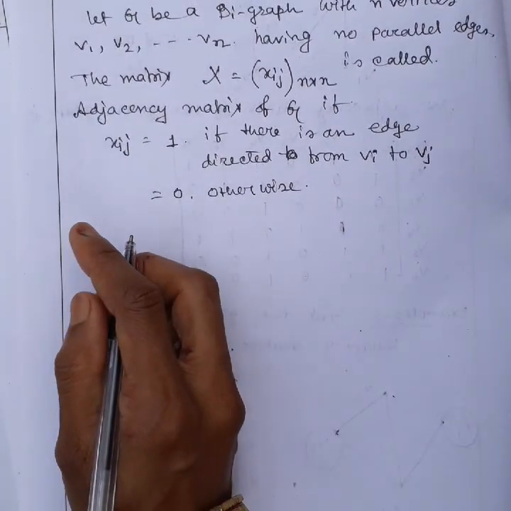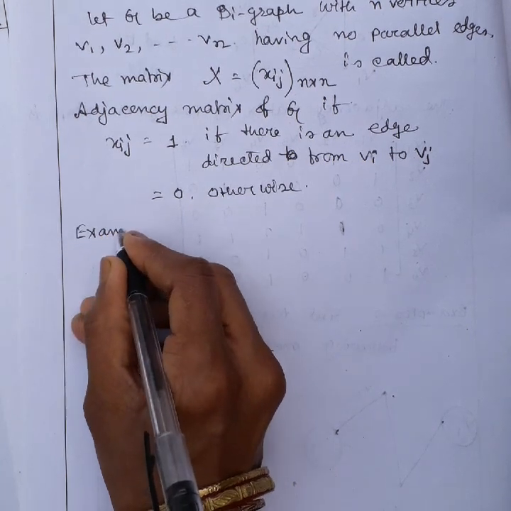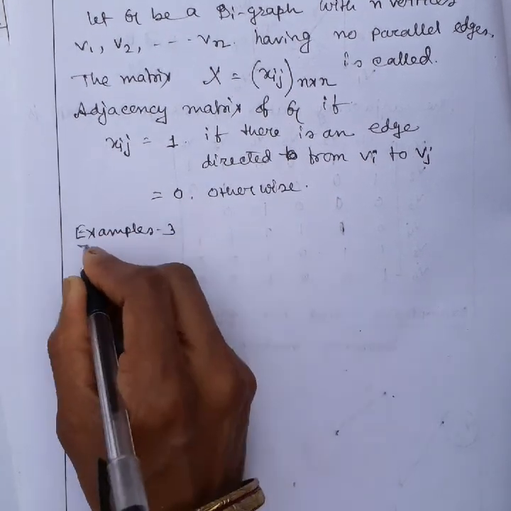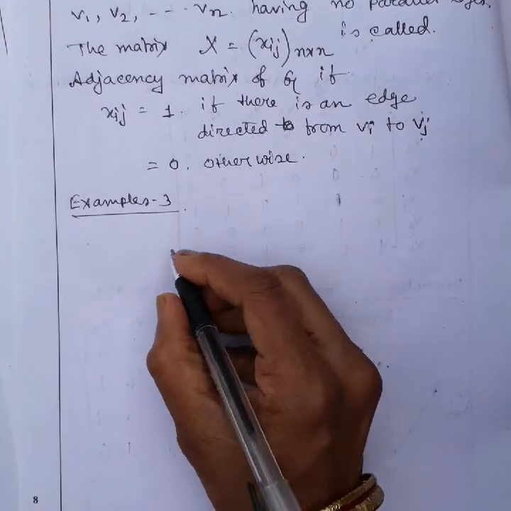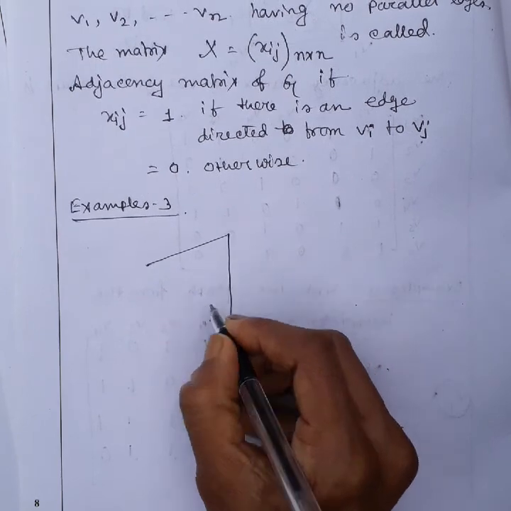Okay, so for example, say it is example 3, we have a directed graph.